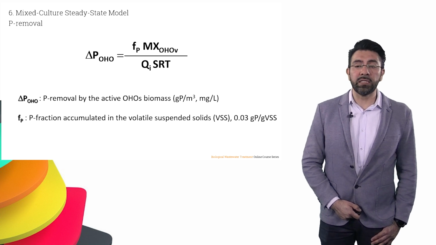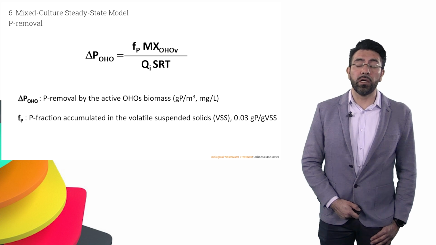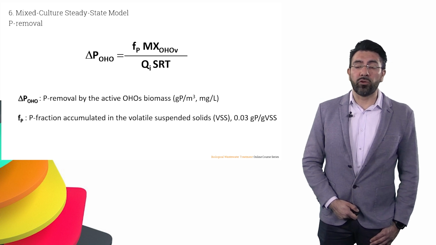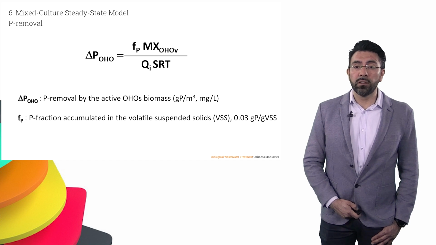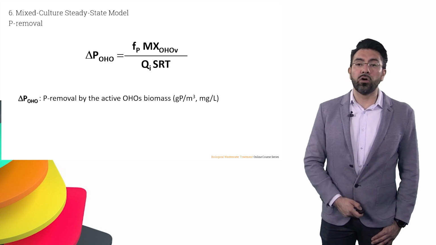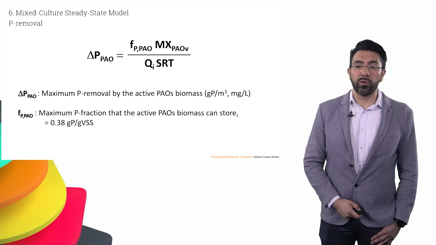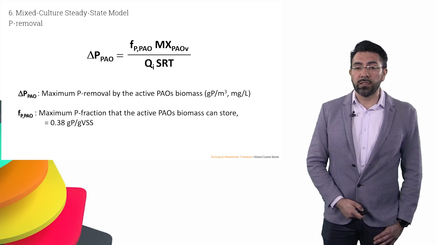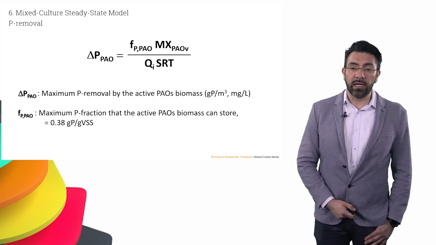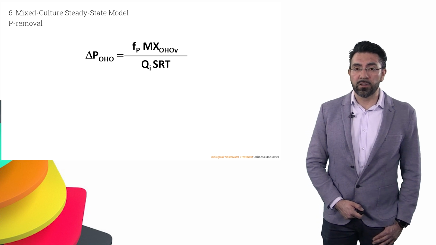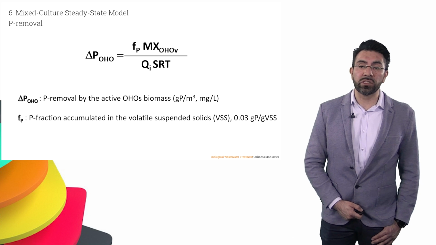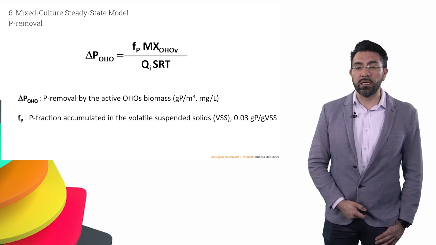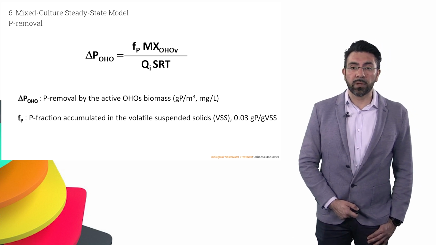In all these terms, you can see that the amount of phosphorus consumed by each group of organisms is proportional to the fraction that they can store times the mass of the organisms present in the system. We can also see it for the PAOs, divided by the influent flow rate and the solid retention time. So the only term that is actually changing is the fraction of phosphorus that each mass can store.